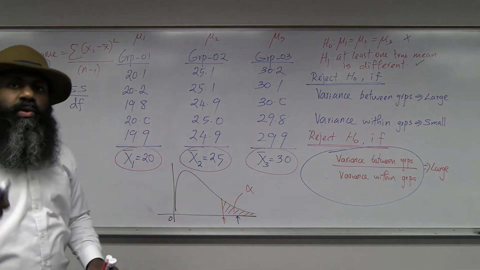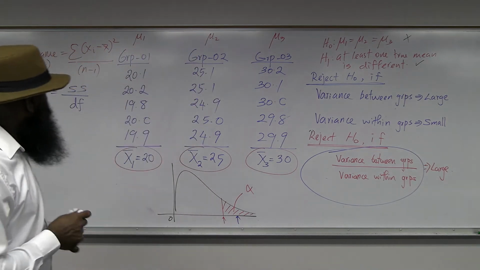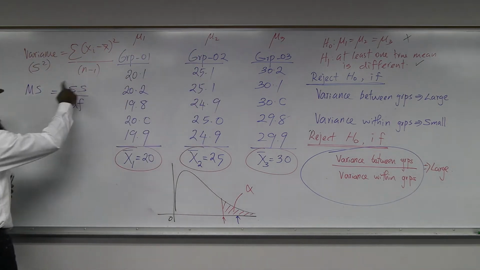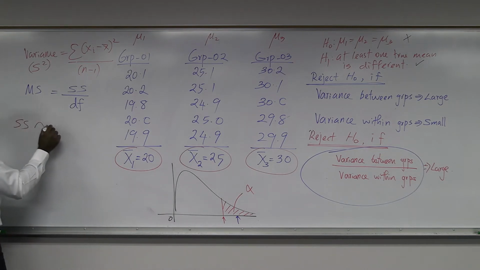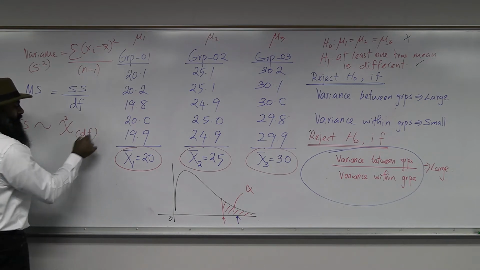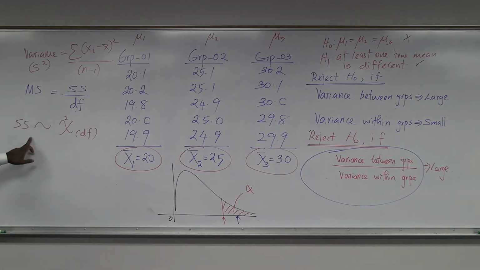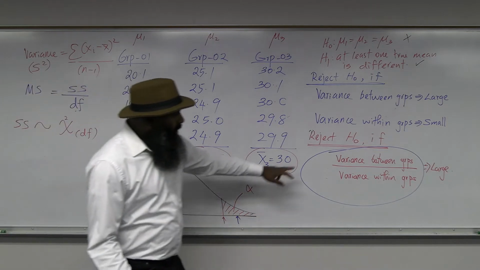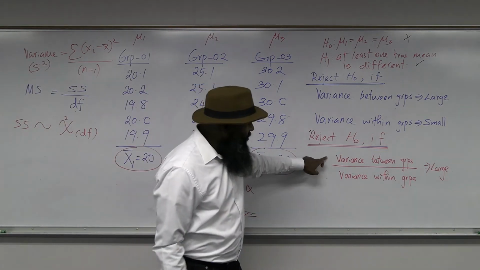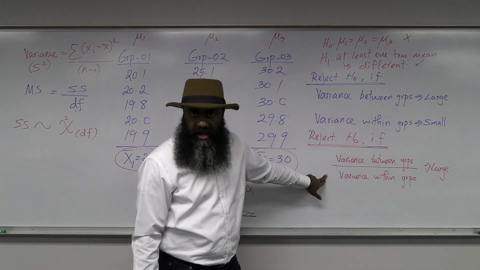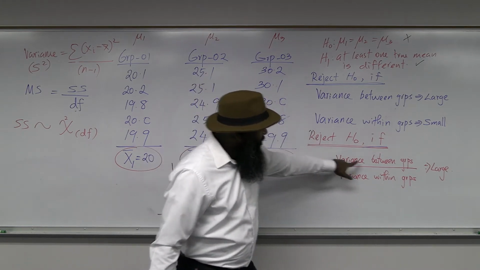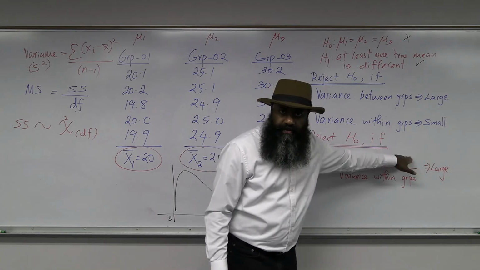Now, what we saw just a minute ago was the distribution of sums of squares. Sums of squares has chi-squared distribution with its corresponding degrees of freedom. Now we can use this information to figure out this ratio. This ratio has a variance on the numerator and another variance on the denominator. Variance in the numerator is variance between groups.